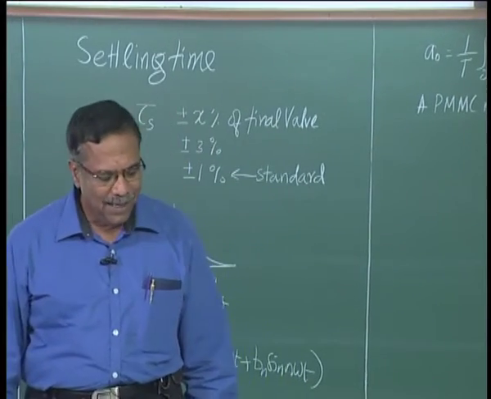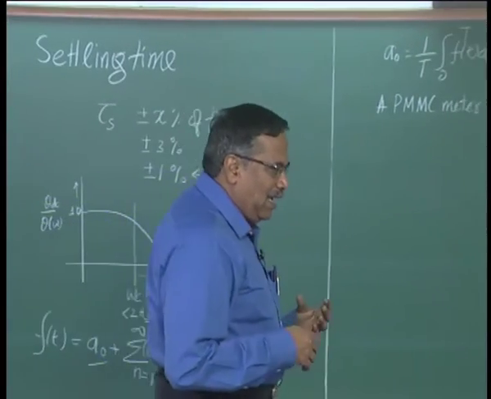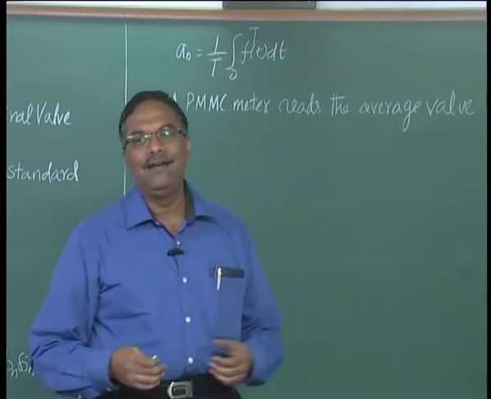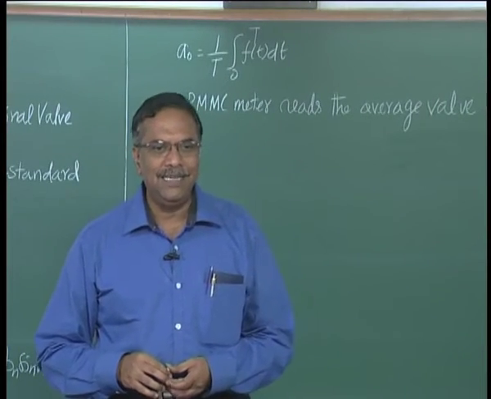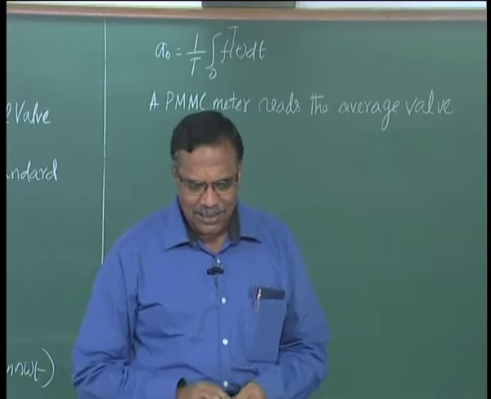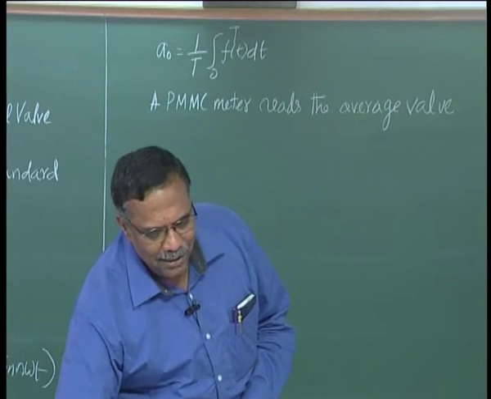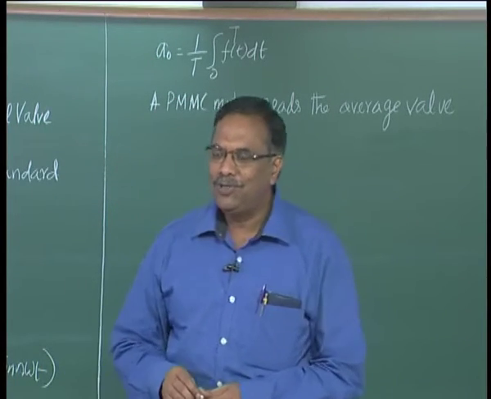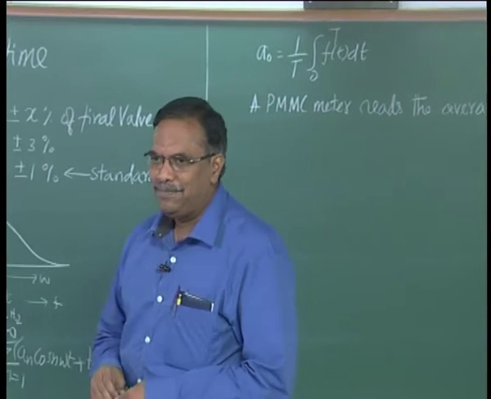Now if we want to make a PMMC meter, then what are all the things that we will have to look at? The first thing is of course the coil. The heart of the system is a coil through which we send the current.